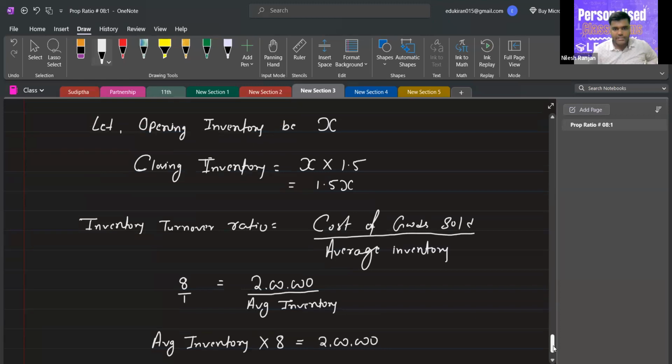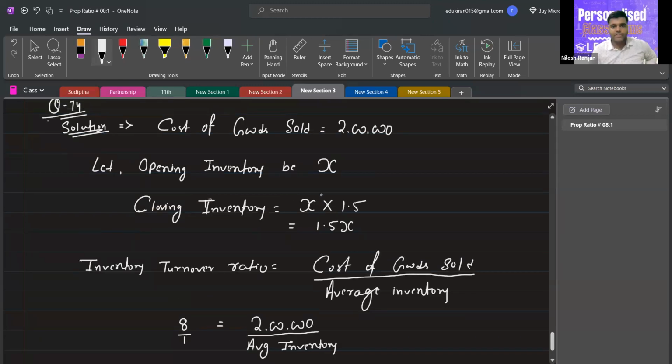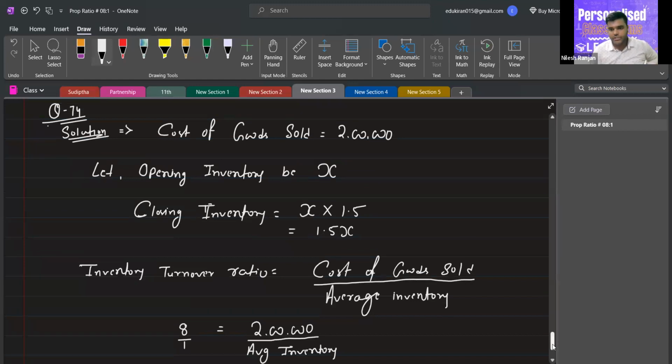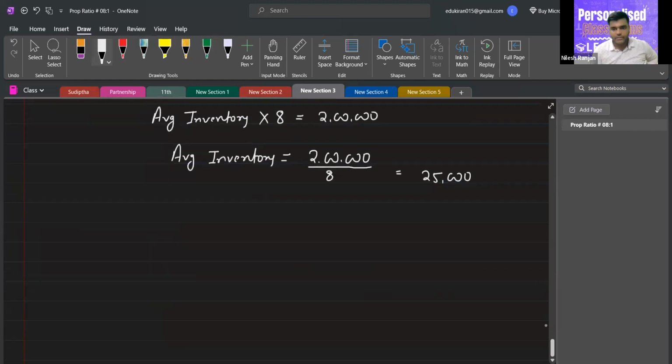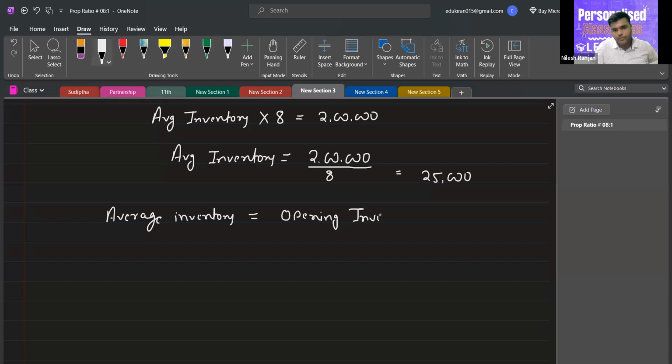And our average inventory in terms of X and 1.5X, we will use the formula: average inventory equals opening inventory plus closing inventory divided by 2, or opening stock plus closing stock divided by 2.